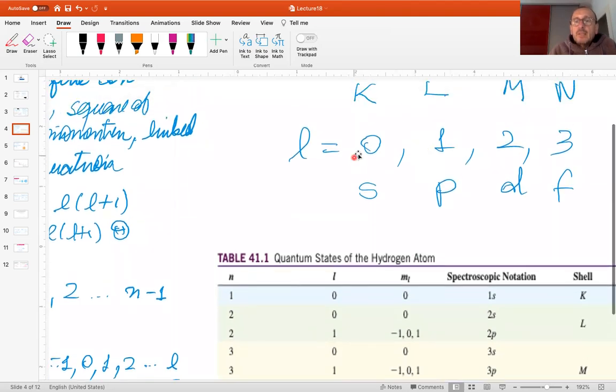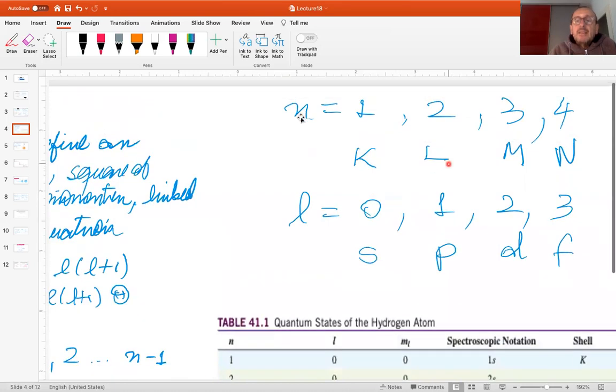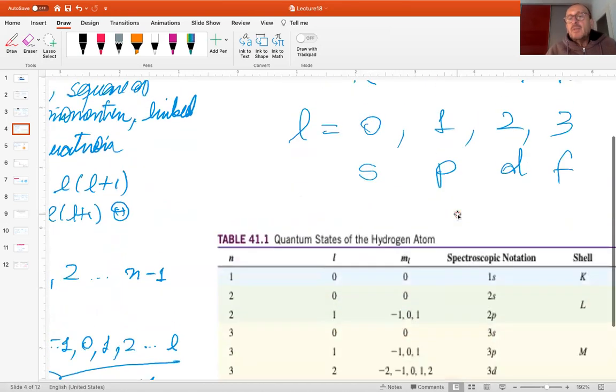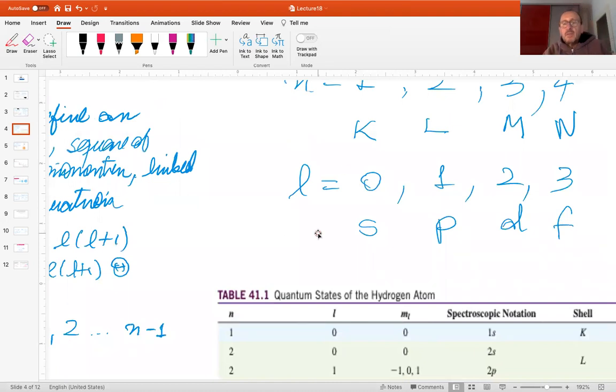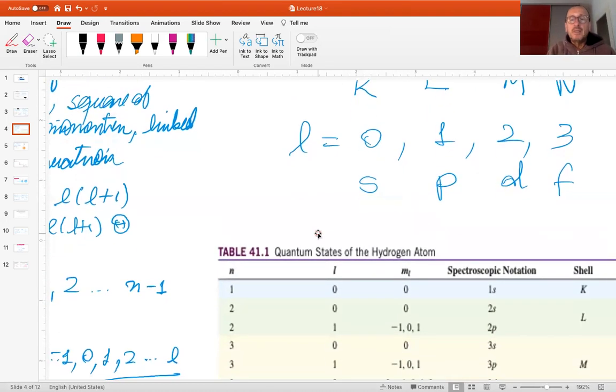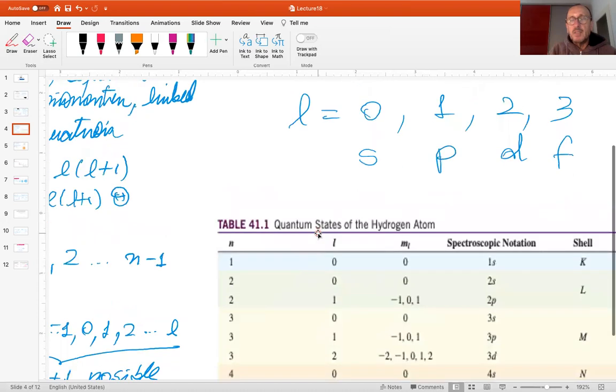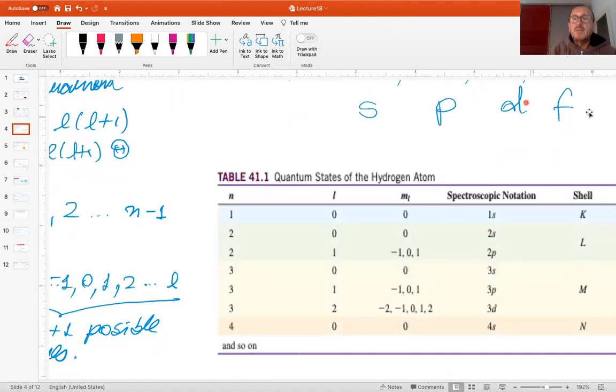Those can be interpreted as angular momentum states S, P, D, F and G. The actual layers the electrons are in, called n, the first layer, second layer, third layer, fourth layer, are labeled by the letters K, L, M, N. The reason for that is historic. It is simply spectroscopy notation, from before quantum mechanics discovered that there were bright lights coming out of these elements, and they labeled them with those letters.